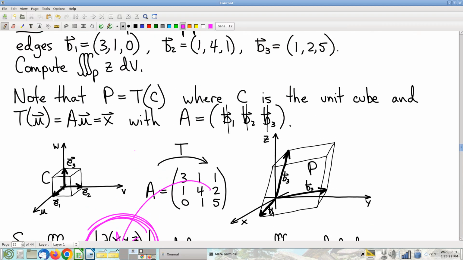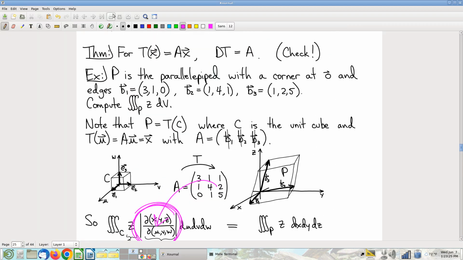I don't even have to compute the derivative matrix because the derivative matrix is the matrix defining the linear transformation, namely that matrix whose columns are the edge vectors. So I already have the derivative matrix. A is the derivative matrix. And so all I have to do is take the determinant and it's all over but the shouting. Everybody happy?